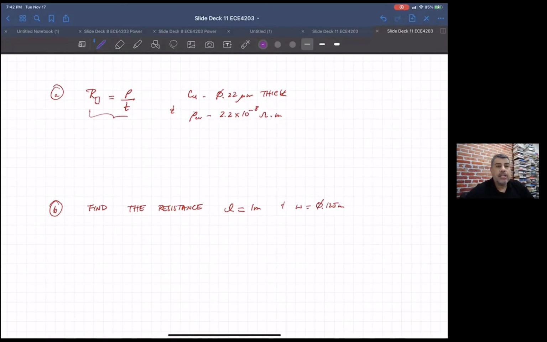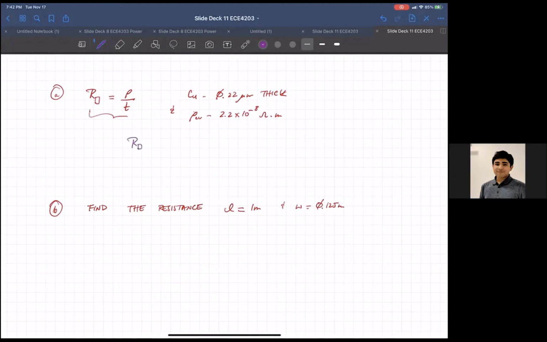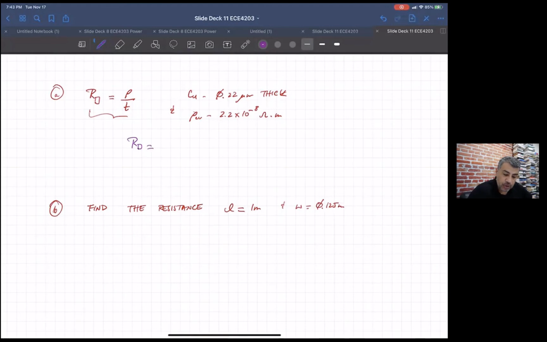Okay, any volunteers? Nirupam, you want to step up? Well, I'm not entirely sure, but I think it's the resistance per meter we found, and that times the length over the width. Yeah, so let's do it though.